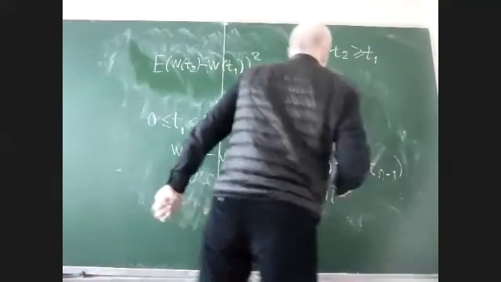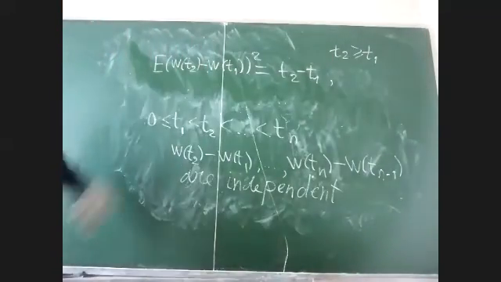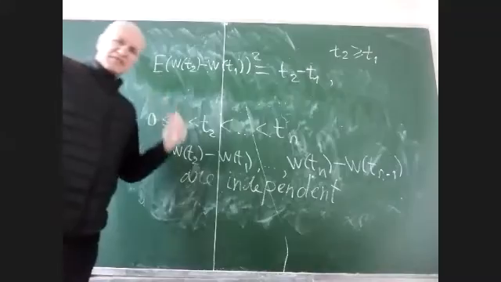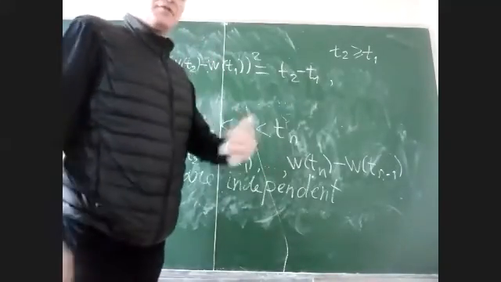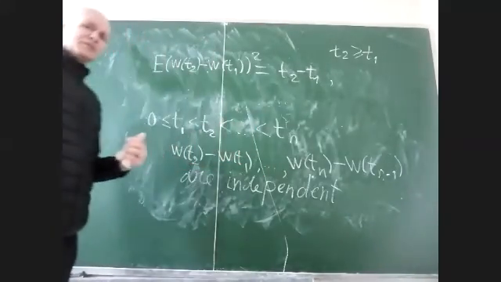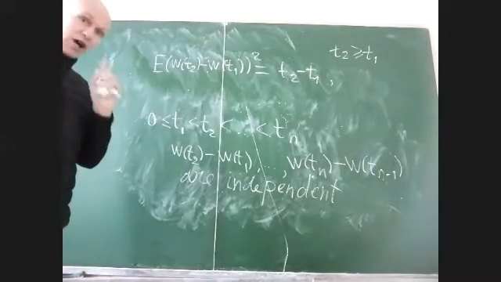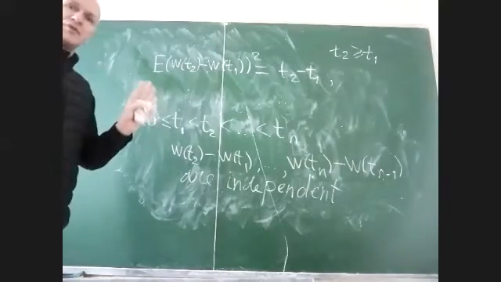Then we see that process W is Hölder continuous in square norm. We discussed that this is enough for the Gaussian case, it is enough for continuity.